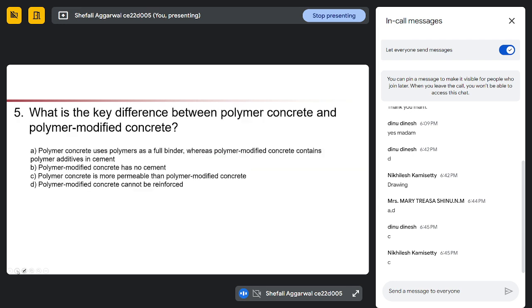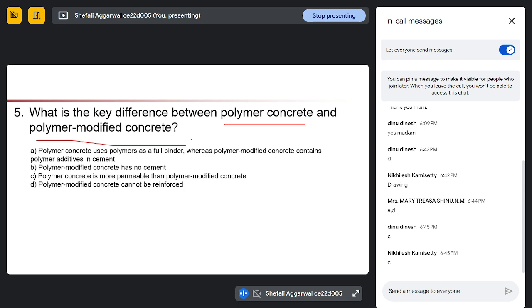Correct. Next question: what is the key difference between polymer concrete and polymer modified concrete? A: polymer concrete uses polymer as a full binder, whereas polymer modified concrete contains polymer additives in cement. B: polymer modified concrete has no cement. C: polymer concrete is more permeable than polymer modified concrete.